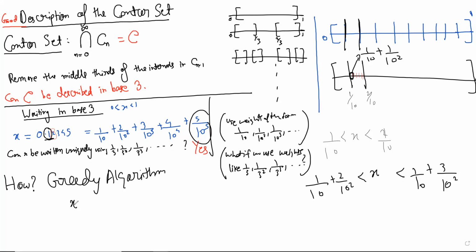So the way to say it would be, if x is between I by 3 and I plus 1 by 3, you basically try to find the largest I. So you basically use as many copies of 1 by 3 as you can.